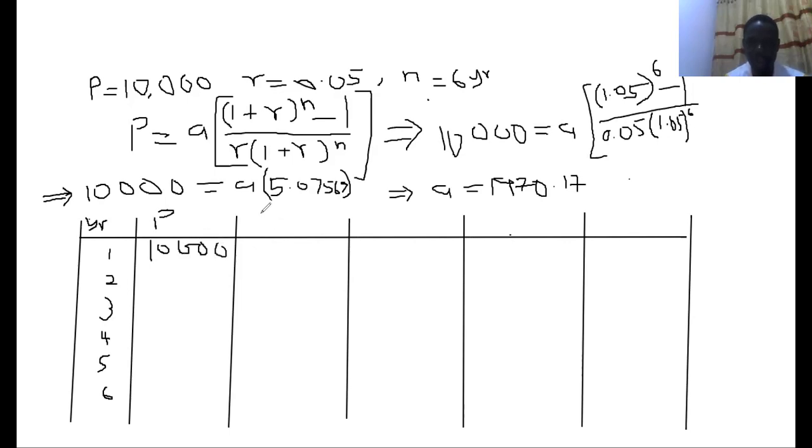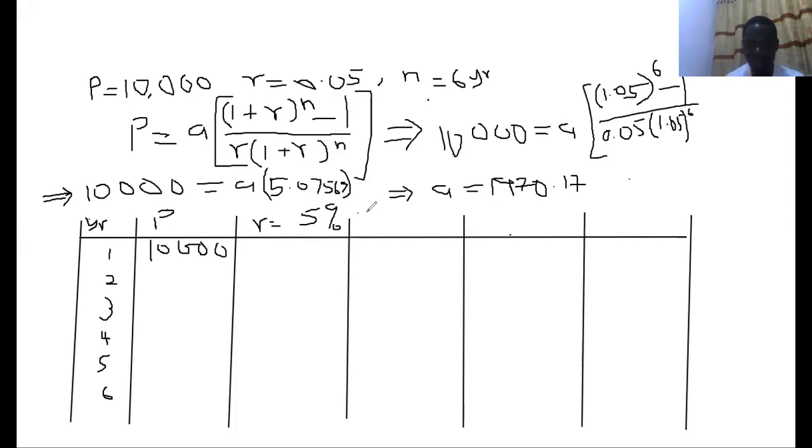Okay. And this is the interest column. So R is equal to 5%. So when you have calculated the interest, then you add the interest to the principal.